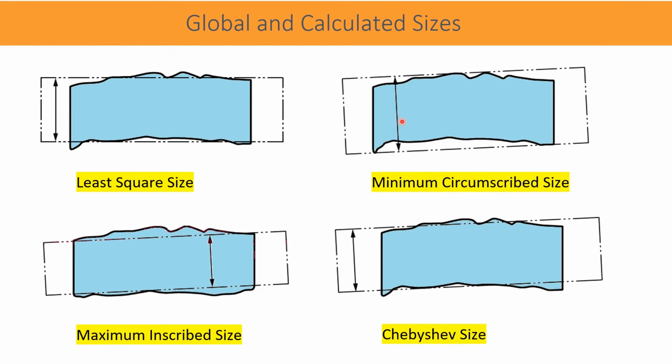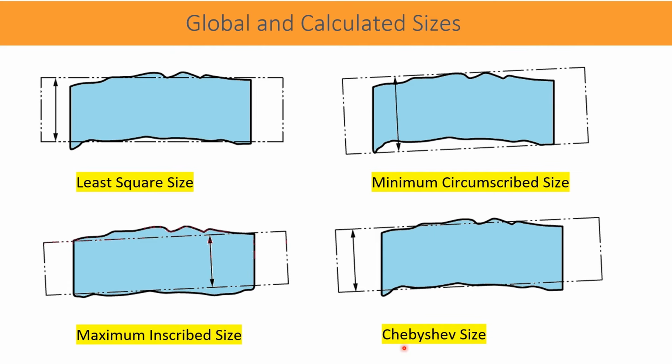Minimum circumscribed means the most outer points are taken for the calculations, that is the envelope size calculated. Exactly opposite is the maximum inscribed size. In this maximum inscribed size, we can see that all the points are outside of the maximum inscribed size.